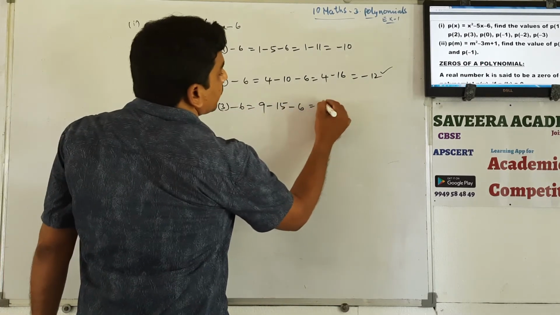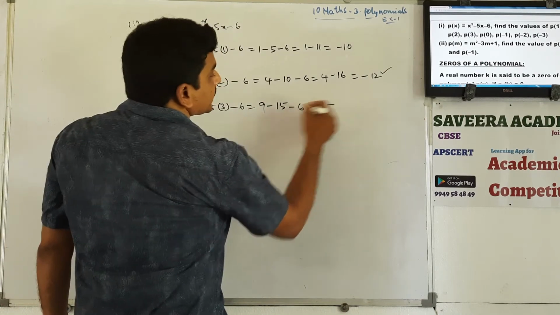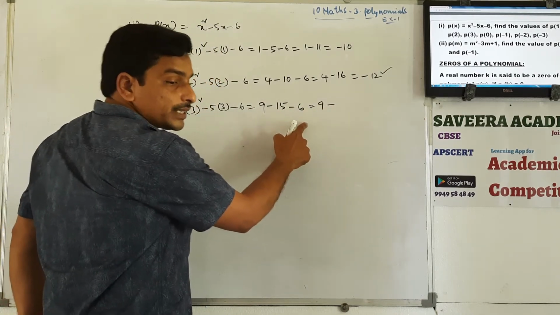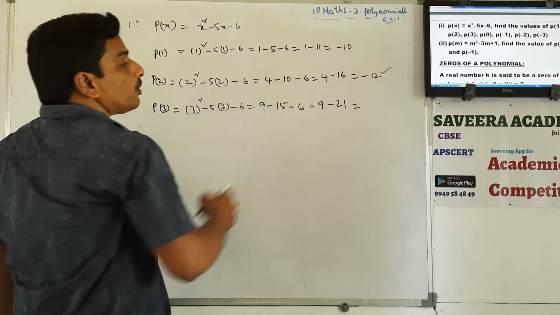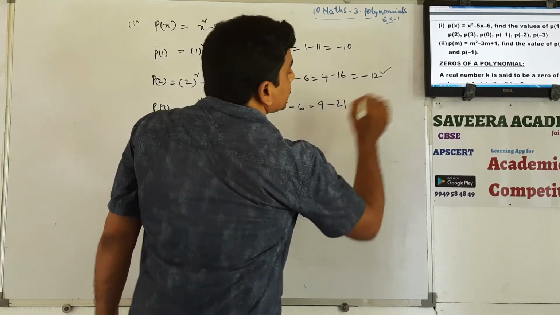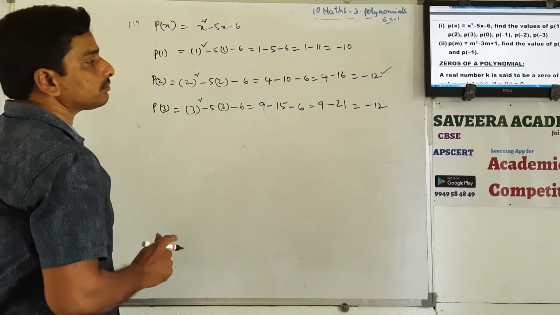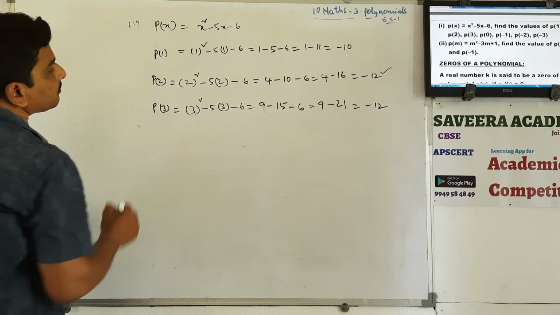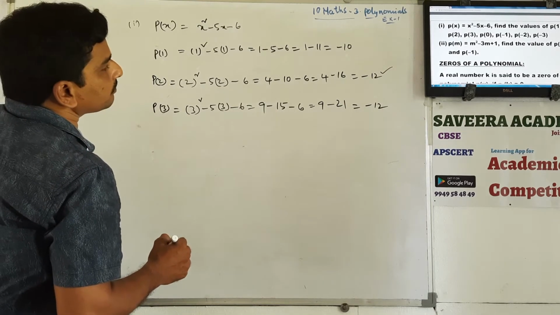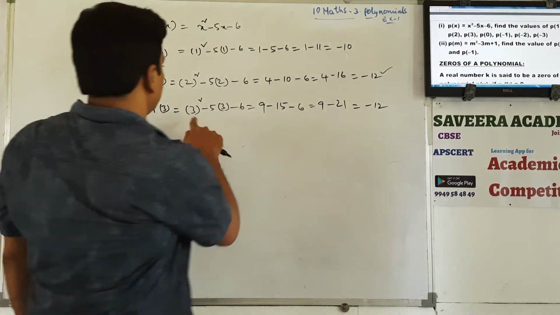So this is equal to 9 minus 15 minus 6, minus 21. So what is the answer? Minus 12. Yes, minus 12.